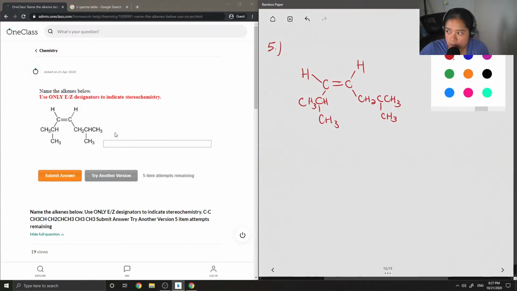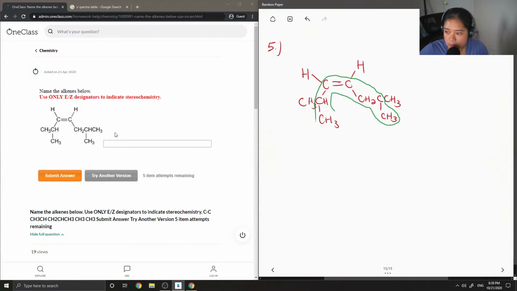Now I'm just going to circle my parent, which is going to be the longest chain of the most important things. So that is our parent. And you can see these two sticking out will be our substituents.